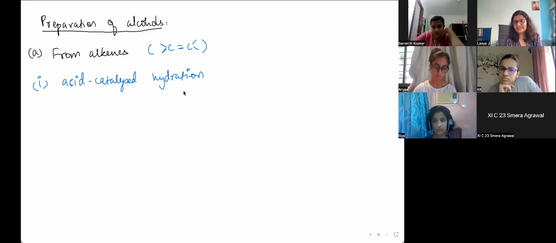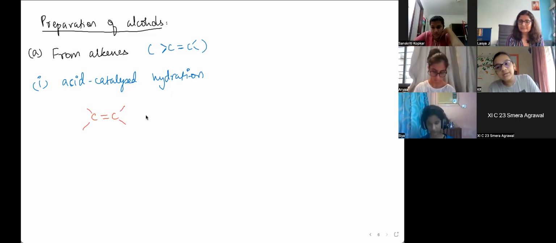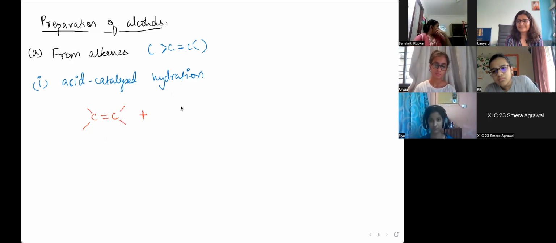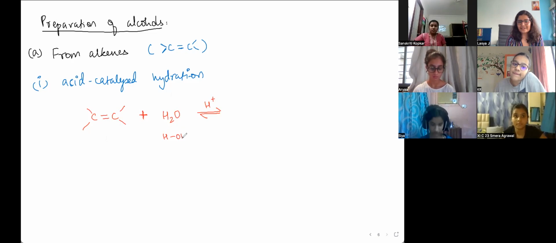So acid catalyzed hydration. The general reaction, you're taking an alkene. Earlier, how are we removing the water? That also with sulfuric acid, acid catalyzed. Yeah, but in this case, you're adding water back in the presence of an acid, H plus. So water is basically treated as HOH.